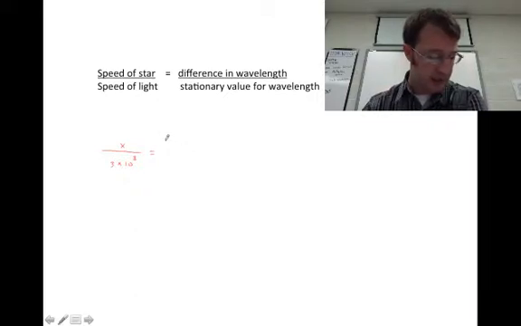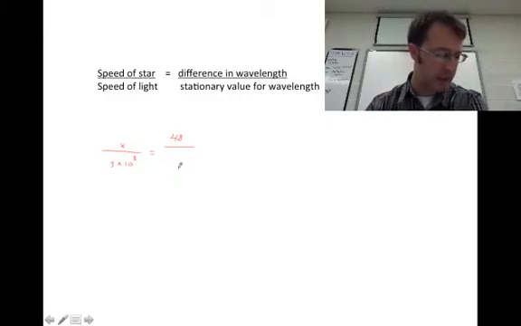Now I could do the math here real quick and say, okay, what's the difference? 498 minus 450. To keep me from just having to write this out, if you do that, you get 48 nanometers. That's the difference in our wavelengths. Again, I'm not going to write the units just to save room here. And it says the stationary value for the wavelength.